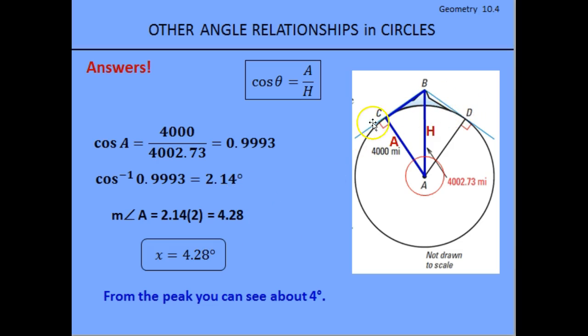And since we need both of them, then it's going to be 4.28, which is still, from the peak, you can see about 4 degrees. So there are 2 ways to do that. And it's a good thing they said not drawn to scale, because it is not drawn to scale.